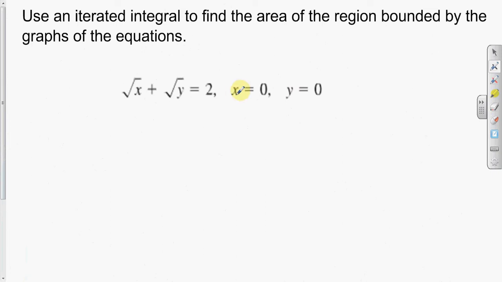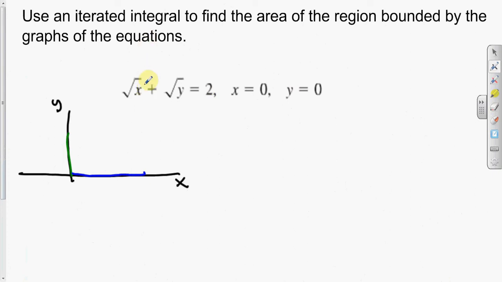So I have x equals 0. So x equals 0 is the y-axis, and then y equals 0 is the x-axis. Then I have this curve right here that I say, graphing by hand, how does that guy look?